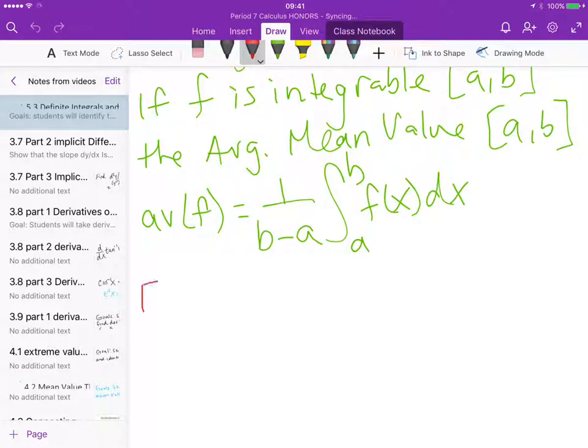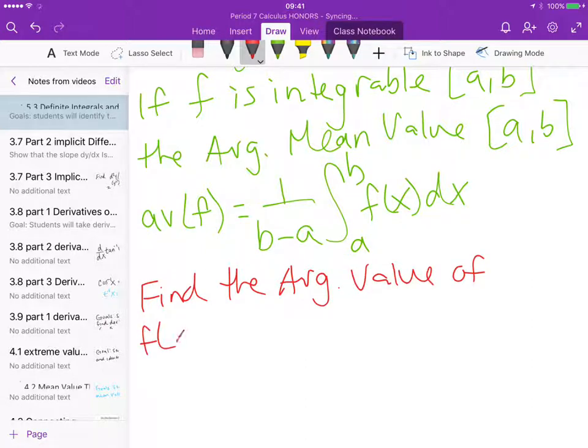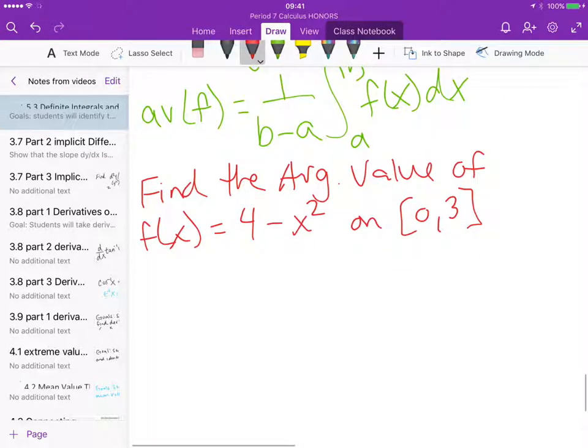So let's say find the average value of f of x equal to 4 minus x squared on the interval from 0 to 3. And then there's a second part of the question too.